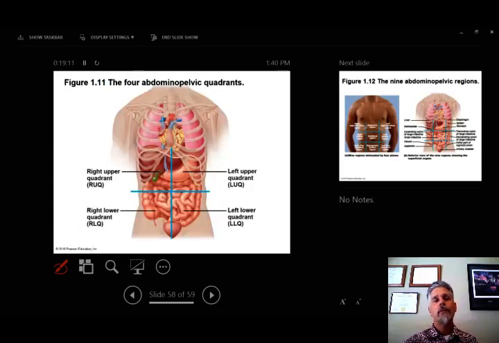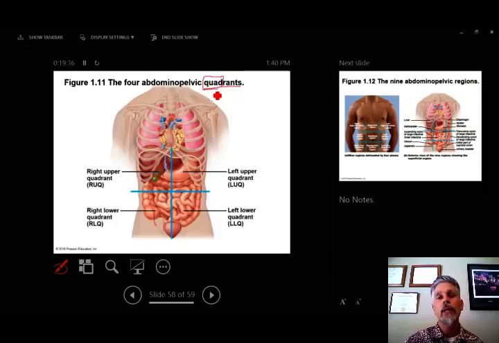Lastly, when we're talking about orienting ourselves to the body, we're looking at the abdominal pelvic cavity, where there are so many different organs in it, and subdividing that so we can really describe, okay, the pain was located here, or there's a cut on this area, or there's a protrusion or something like that, right? So you can divide it two different ways, into quadrants, quad meaning four, and we're going to be doing that again and again.